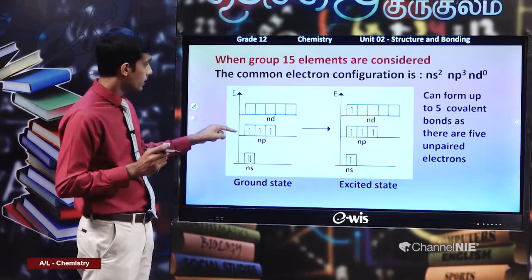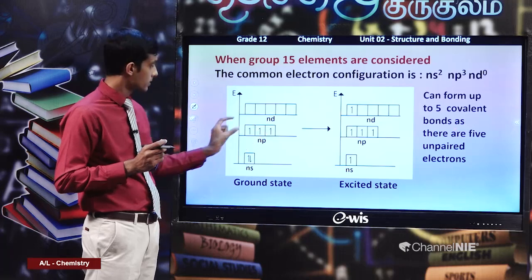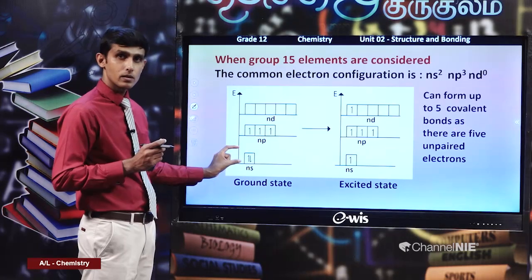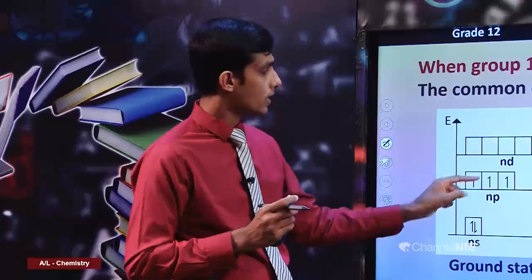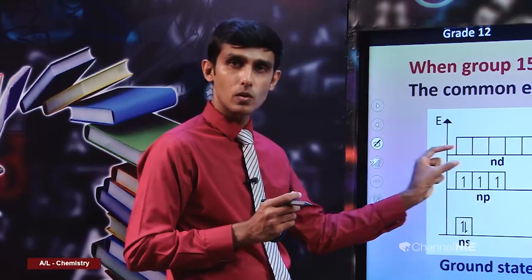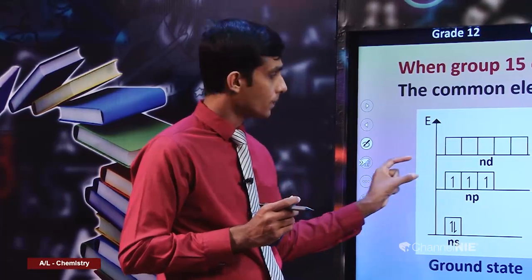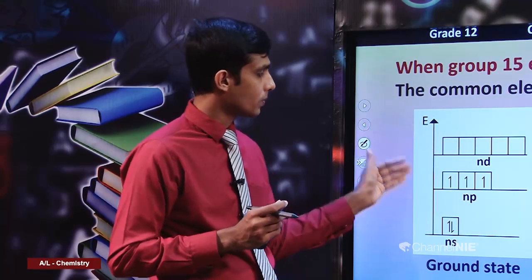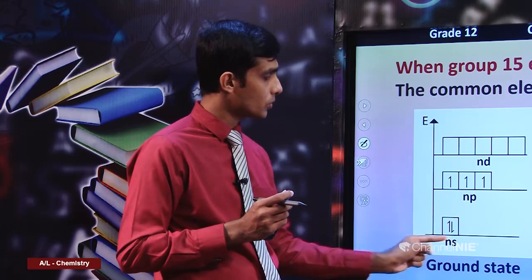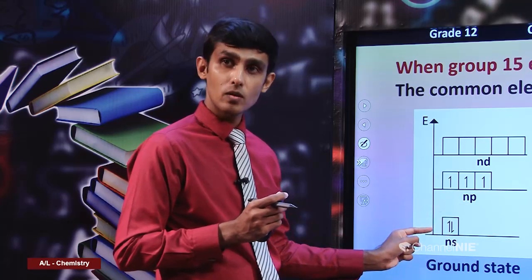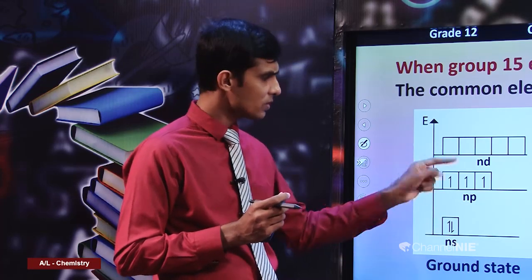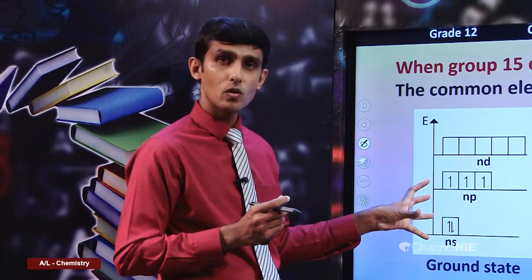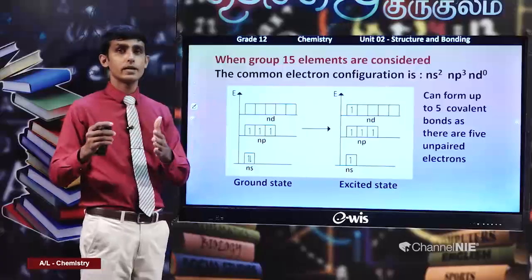Now in the ground state you have 3 unpaired orbitals and 1 paired orbital. Here in the ground state it looks like it can form 3 covalent bonds by the overlapping of these unpaired orbitals with another set of unpaired orbitals, and there is a possibility of forming a dative covalent bond as well. So altogether it can form 4 bonds, 3 covalent bonds and 1 dative covalent bond.